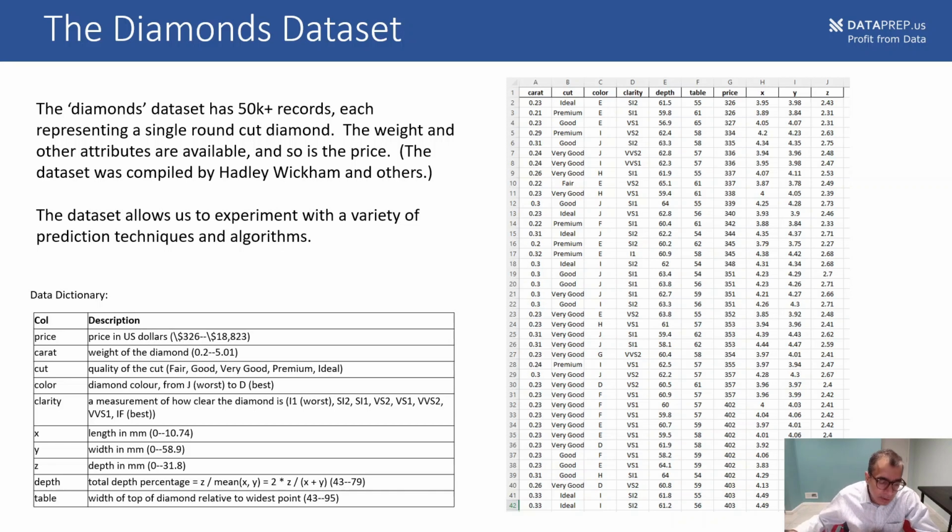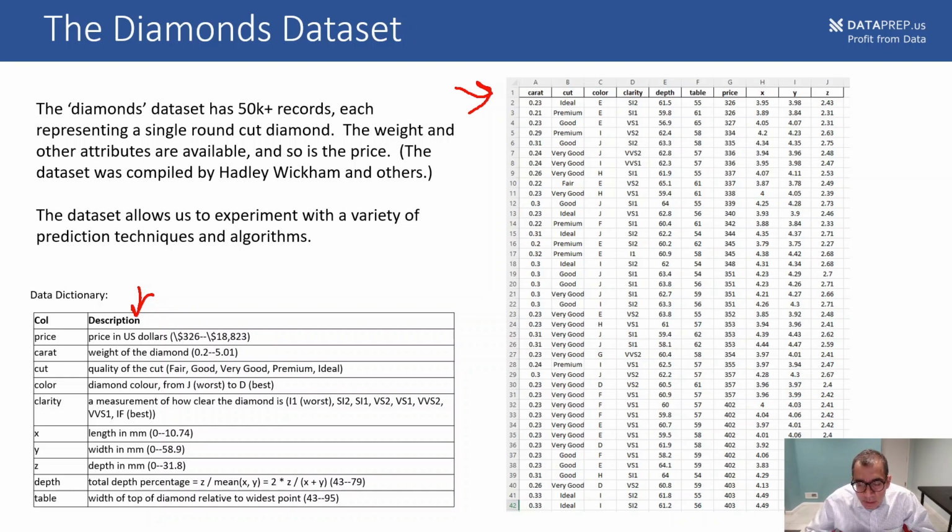And we have a data dictionary here that explains what each of these different fields mean. On the right here, you see an Excel view of that data. Note that it only goes up to 42 records because that's all we have space to show.